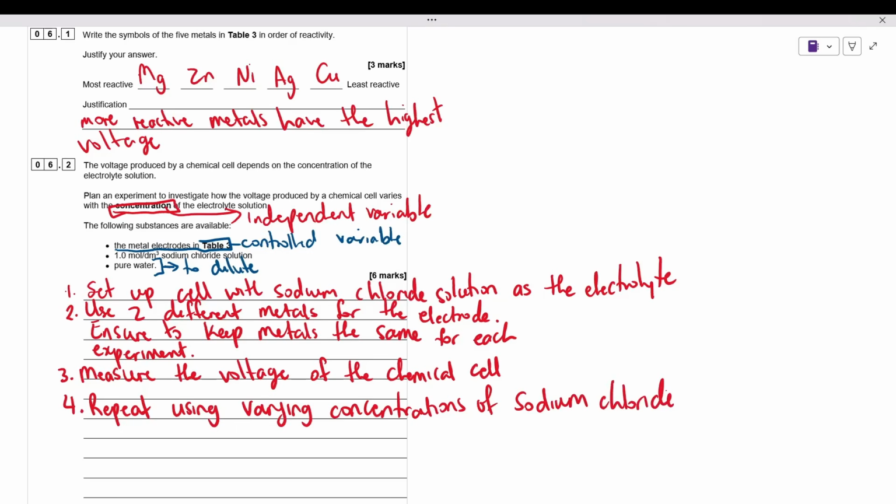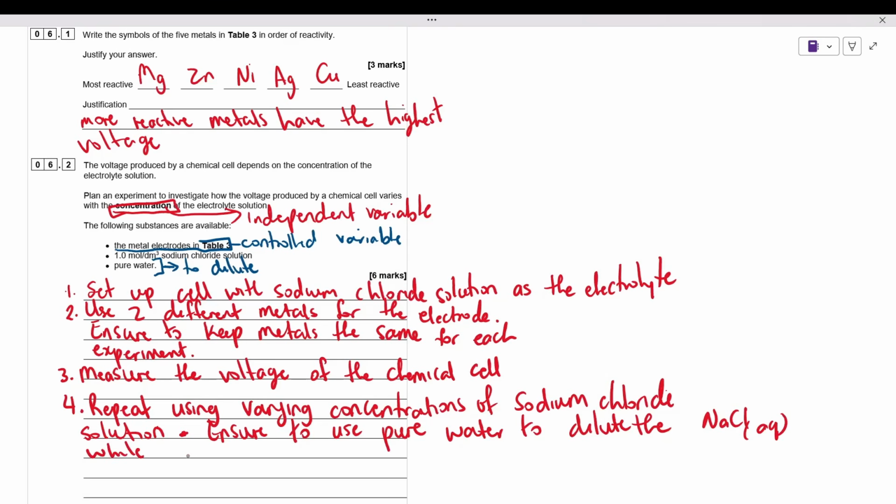And ensure to use pure water to dilute the sodium chloride solution while keeping the volume constant.